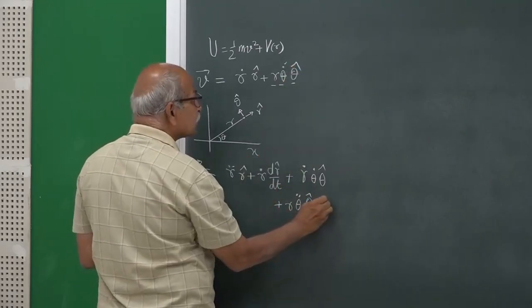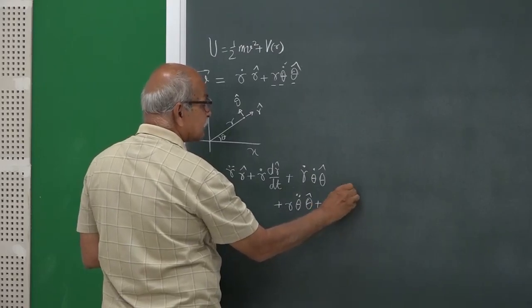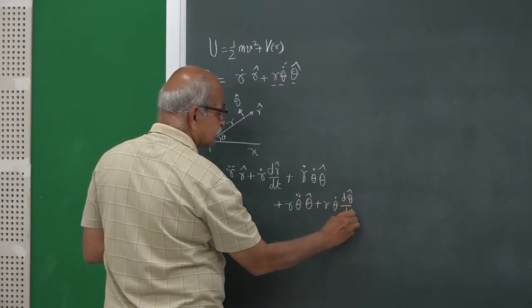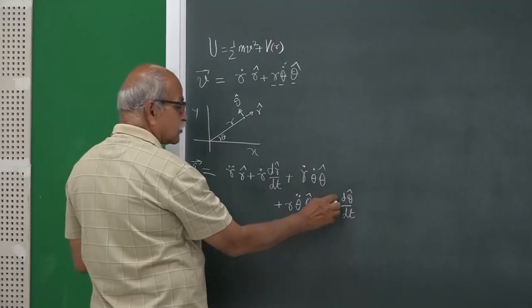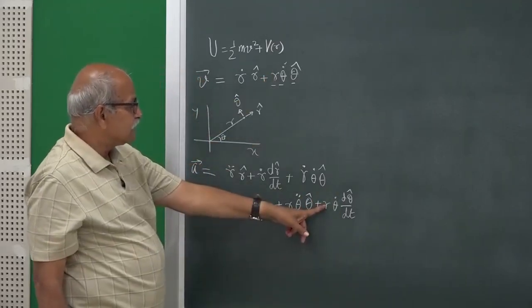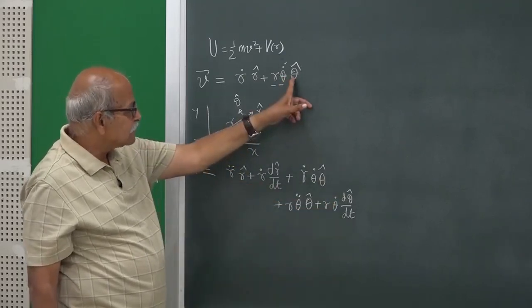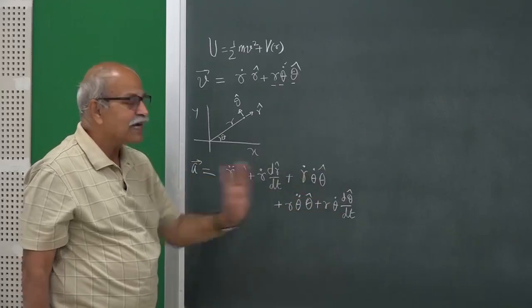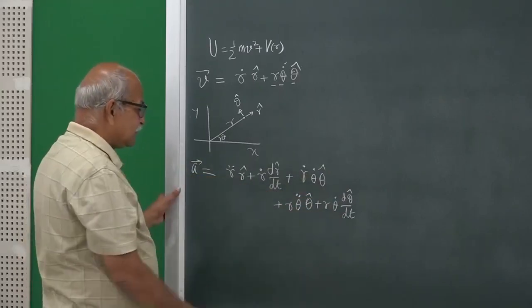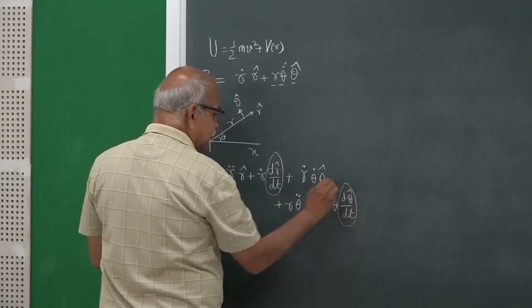So, plus r theta dot and d theta cap dt, theta dot. Okay. So, r kept as it is, theta dot kept as it is, and this is differentiated. So, you write it this way, and then you know how to write this.